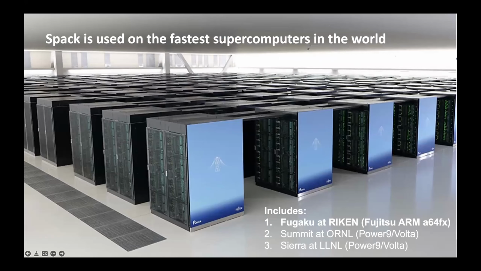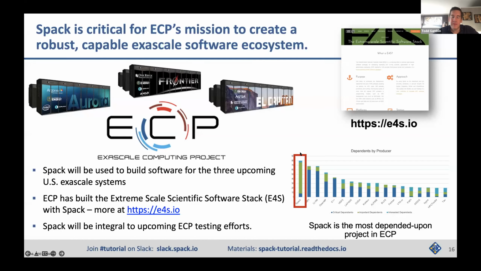It's used on some of the fastest supercomputers in the world, including the top 3: Fugaku, Summit, and Sierra. I think most people here are familiar with those, so I don't think I need to get into too many details about that. And it's critical within ECP, as I showed before, for integrating E4S, which is ECP's software ecosystem.